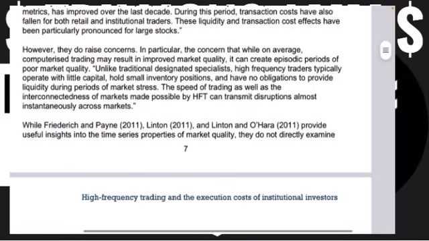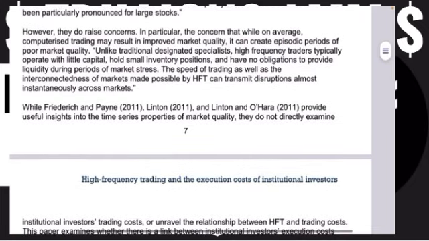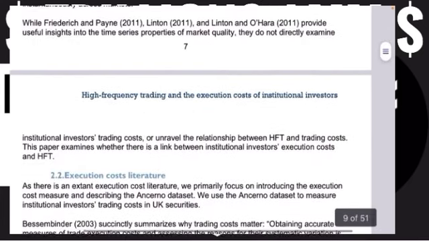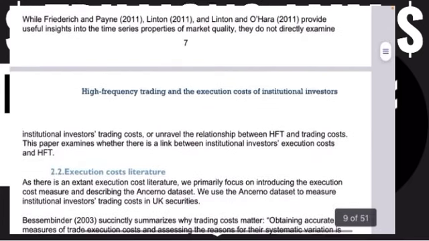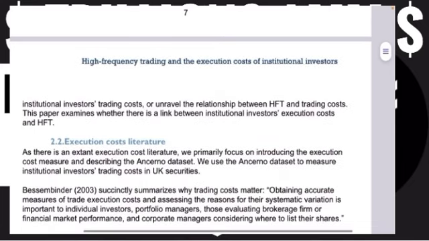While Frederick and Payne, and Linton and O'Hara provide useful insights into time series properties of market quality, they do not directly examine institutional investors' trading costs or unravel the relationship between high frequency trading and trading costs. This paper examines whether there is a link between institutional investors' execution costs and high frequency trading.